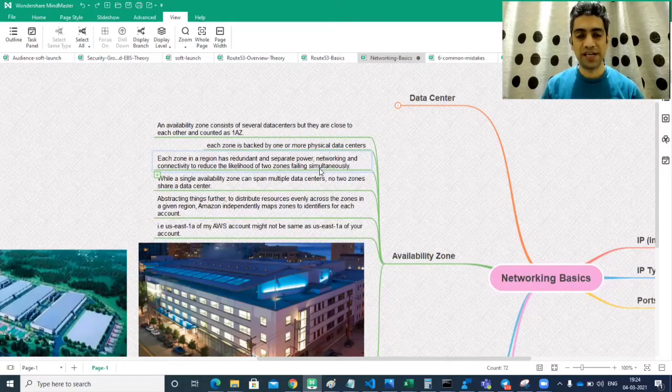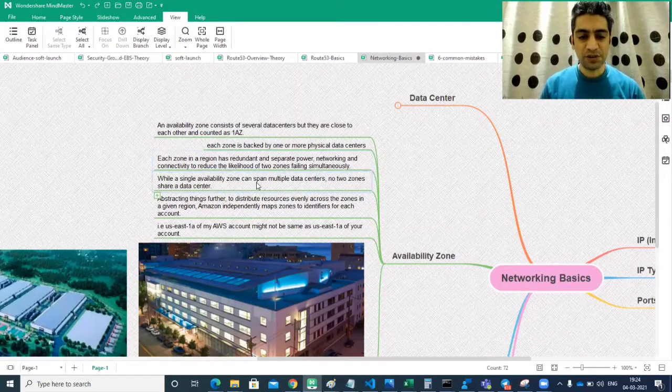It's important to understand that they have separate sources of power supply, networking, and connectivity, so that if there is a failure of power supply or any networking connection, there will be an impact on only one data center and not all the data centers in that availability zone. That is how an availability zone is kept redundant against such failures.